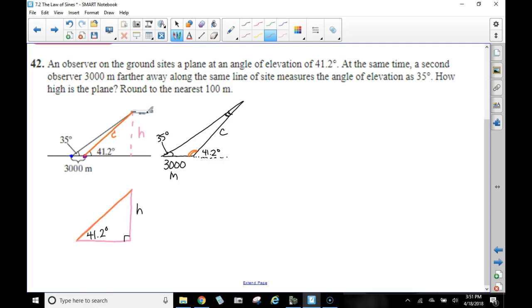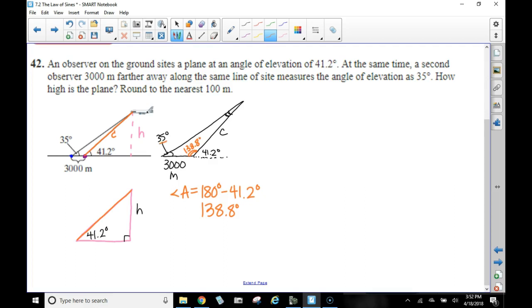So that angle, let's call it angle A, the orange angle A, is going to be supplementary to 41.2 degrees, which is 138.8. So this one is 138.8. This one is 35.